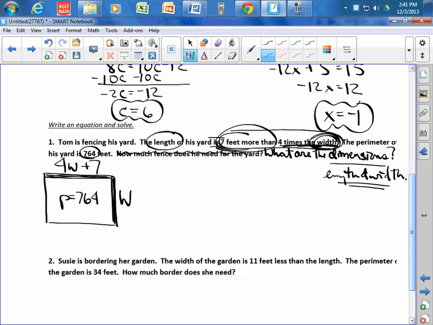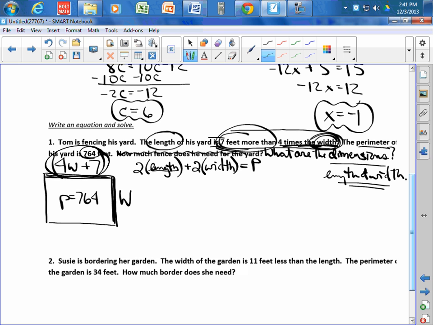And since we are using perimeter, write down the formula. The formula I want you to use is this, and write this down: 2 times, and use the word length, plus 2 times, use the word width. There's a reason for my madness. You'll understand in about 2 seconds here. Because this thing, the 4W plus 7, is what we're putting in for the length.